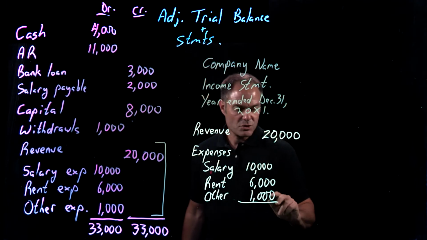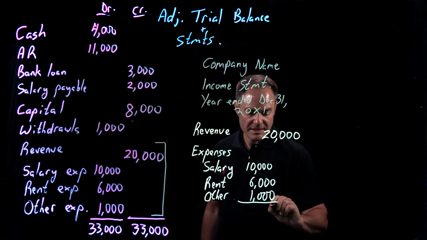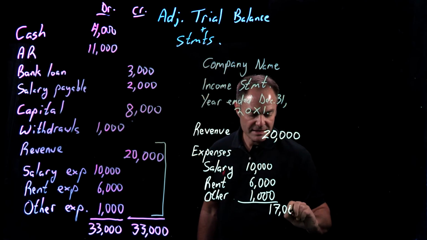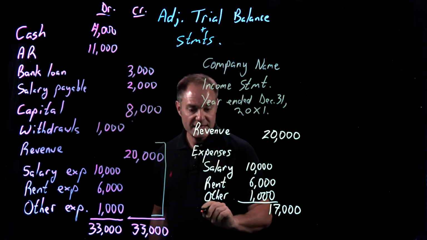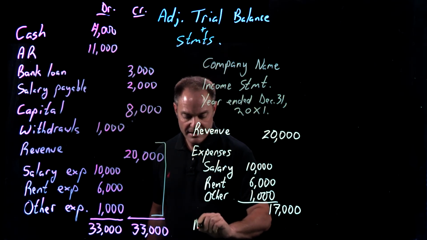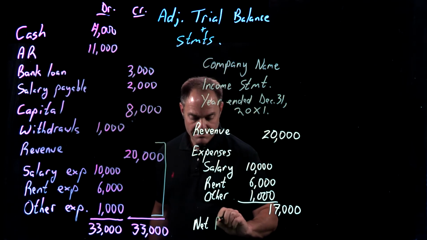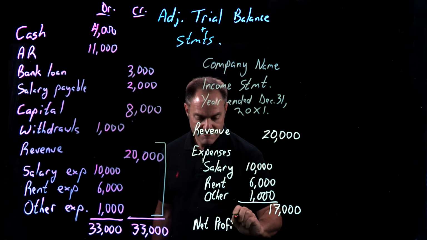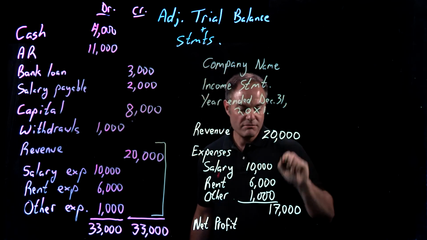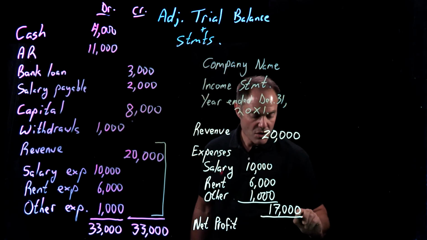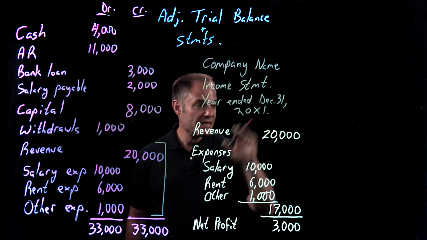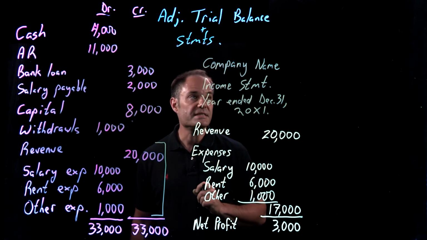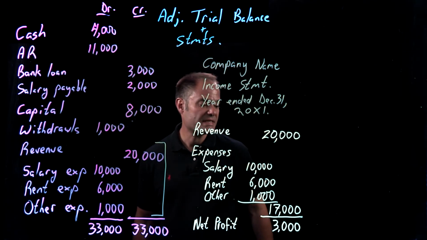We normally take a subtotal, so that's $17,000 in total expenses. And then the one calculation we have to do on the income statement is to calculate net profit. And net profit is just going to be our revenue minus all the expenses, which in this case is $3,000. And there you have it. That's a perfectly good income statement for this company. So that's the first statement that we have to do.